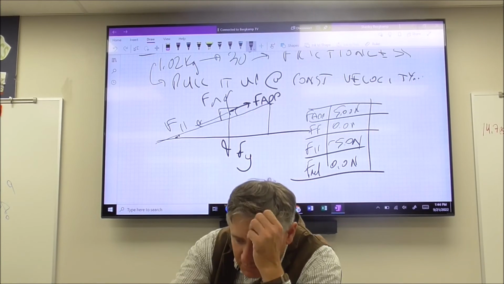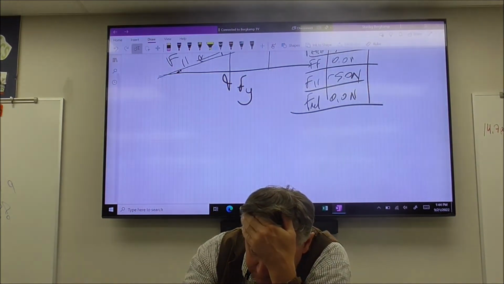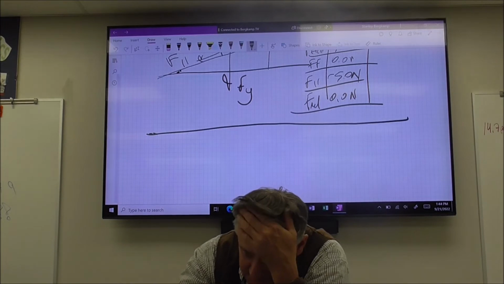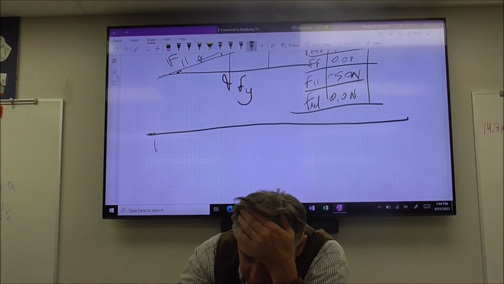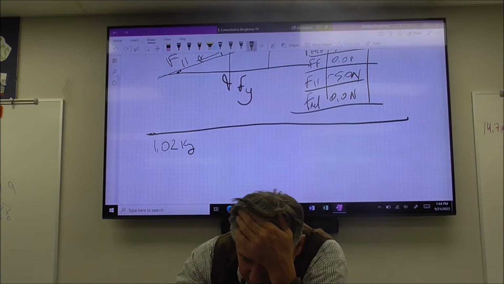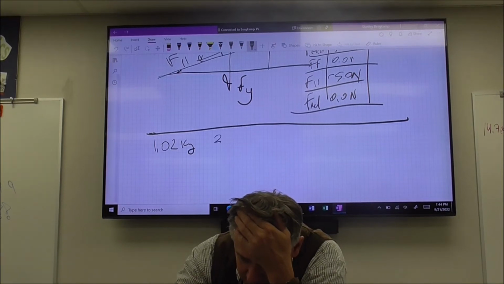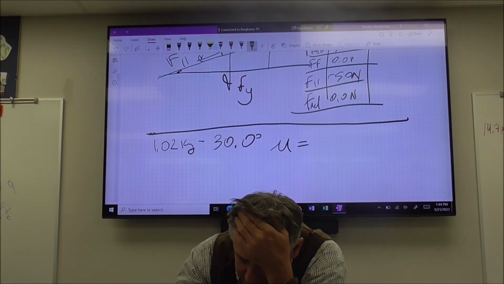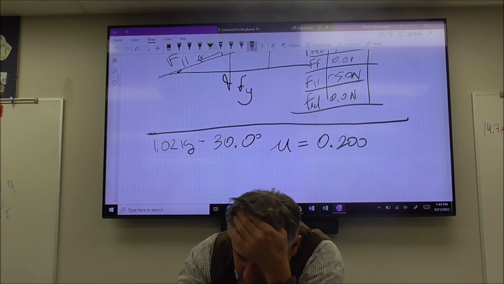So now, we're going to change up the problem again. I've still got the same 1.02 kilogram block. It's still going to be on a 30-degree angle. But now I'm going to tell you that mu is 0.2.